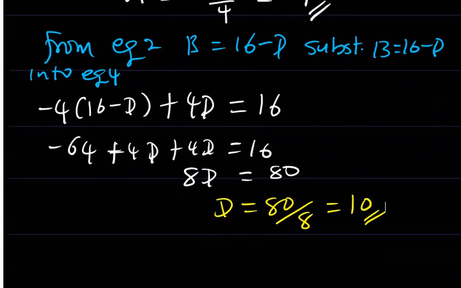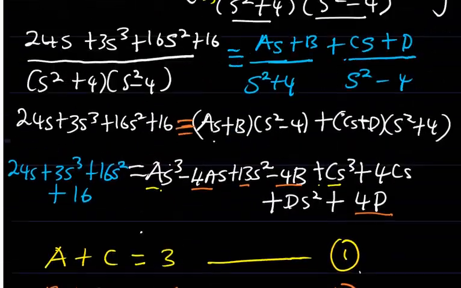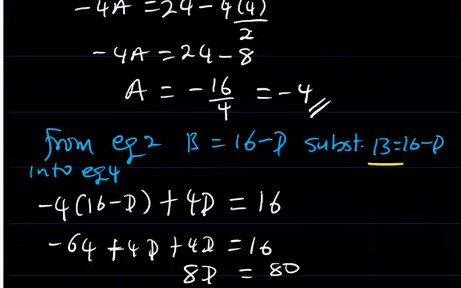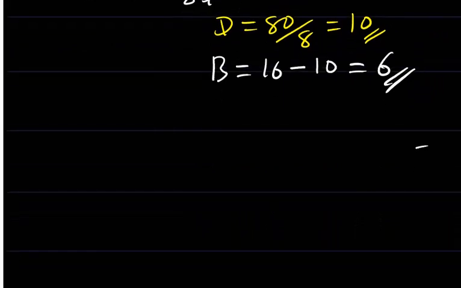Now B is equal to 16 minus D. That's 16 minus 10, which is 6. So I've gotten everything that I'm looking for. Let's get straight to the inverse Laplace transform so that we can conclude our answer.